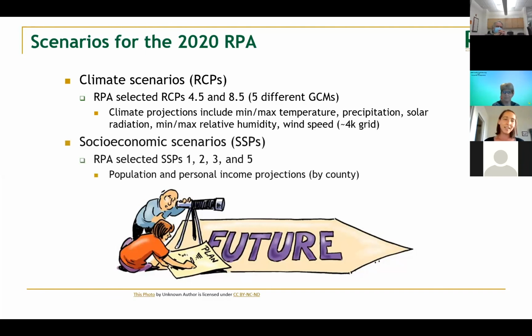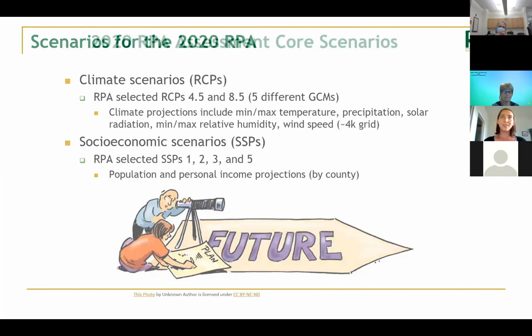And then on the other hand, incorporating into the RPA scenarios 4 of the different shared socioeconomic pathways, also coming from the IPCC, and together integrating both the climate and the socioeconomic elements into core scenarios for the RPA.